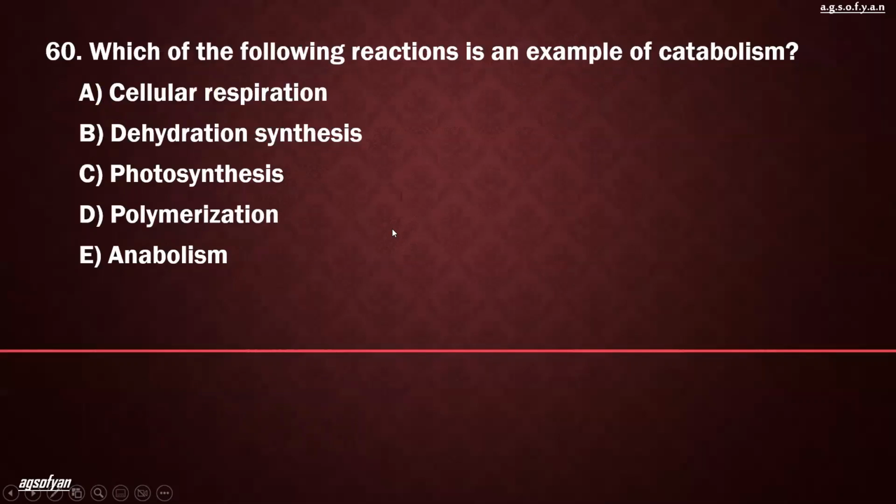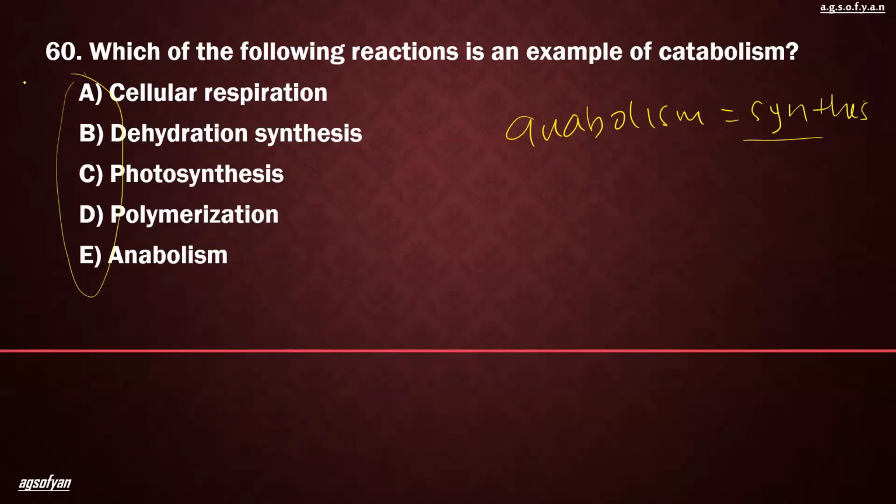Which of the following reactions is an example of catabolism? Remember, anabolism is synthesis. Catabolism is decomposition. So which one from this list is catabolism? Synthesis means making a big molecule from smaller molecules.